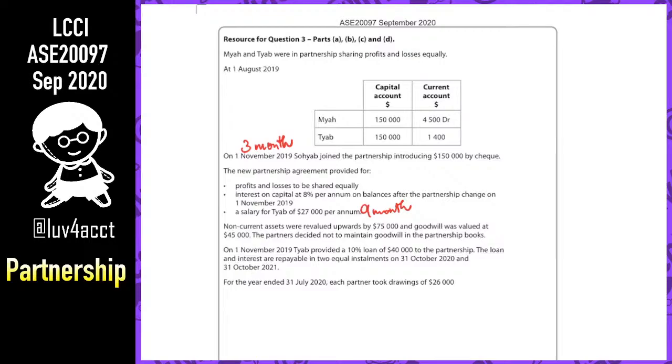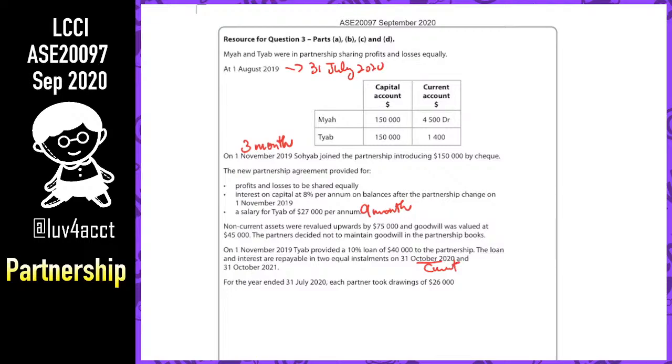Our next year end would be, before August it is July, so 31st July year 2020. That means this one is current.